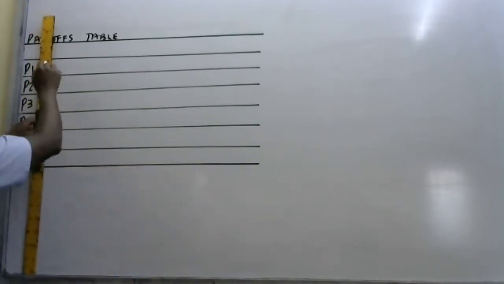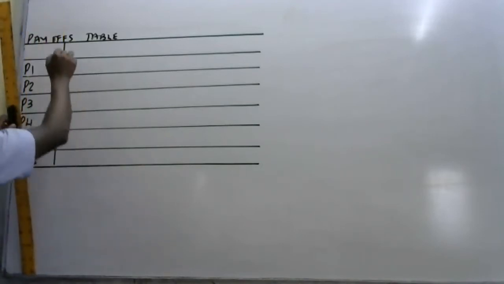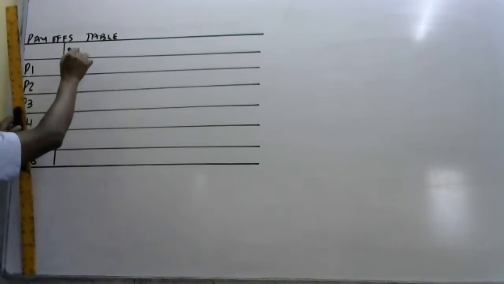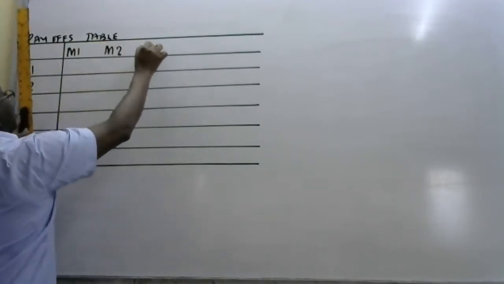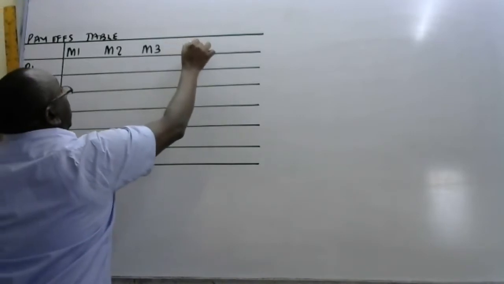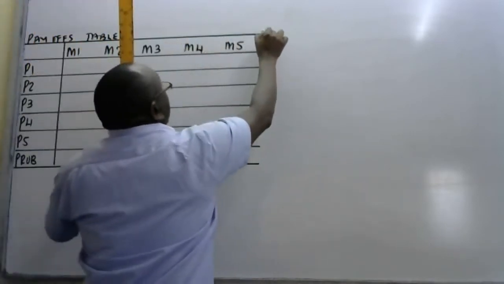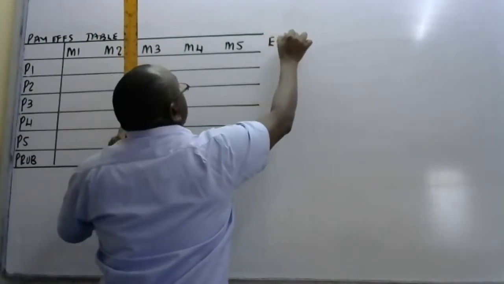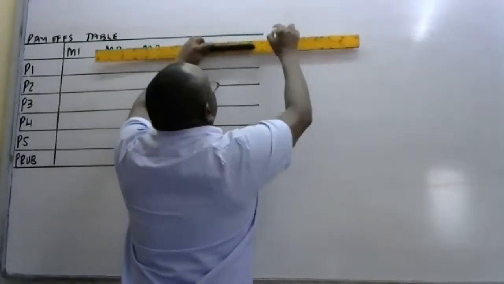So this is M1, M2, M3, M4, M5, and then I might need something called expected monetary value.